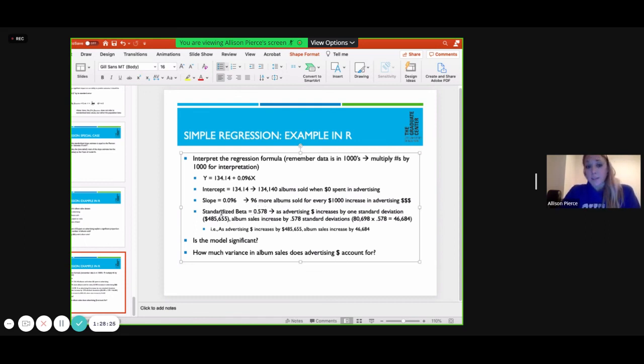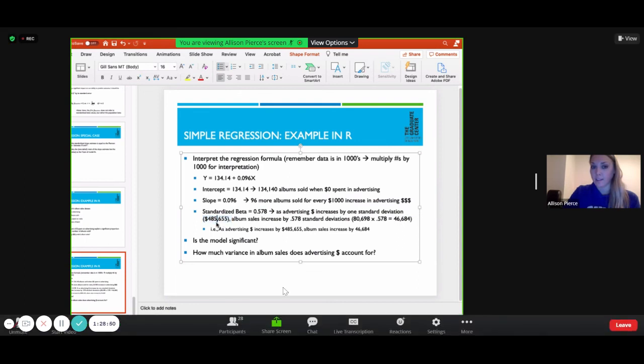The standardized beta coefficient is where it gets a little bit more complicated, and for simple regression is kind of unnecessary, but just to understand it, remember it was 0.57. So really what this is saying is as advertising increases by 1 standard deviation, you would just multiply out and find out what 1 standard deviation is of advertising.